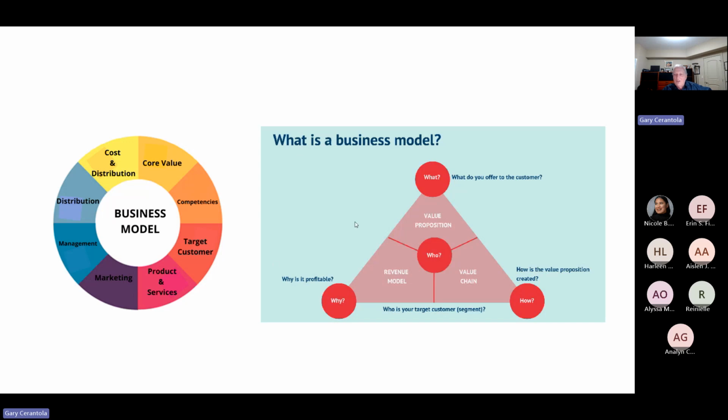Okay, your business model. This kind of outlines what this is about. And here's what I used to do. I consulted with a lot of small businesses, a lot of one-person operators or family operators. And most people that I dealt with didn't really know what their business model was. And you know what? You can put it on one page, right?